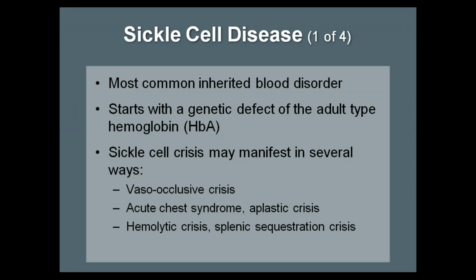The other thing that I don't think this PowerPoint slide talks about, but this is how I learned it and why it was important to me, is that first of all, it's more common in African Americans or people of African descent, not just African Americans, because there are people of African descent all over the world. What's interesting is that this is one of the best examples of natural selection that we have on the planet, because sickle cell disease is protective against malaria. If you have sickle cell disease, you cannot get infected with malaria.